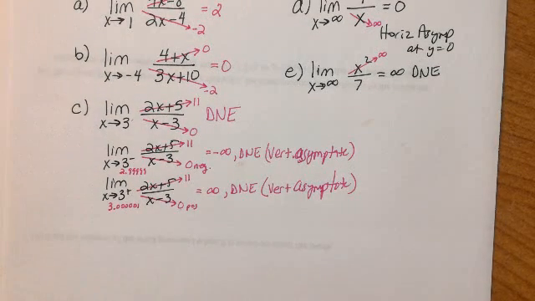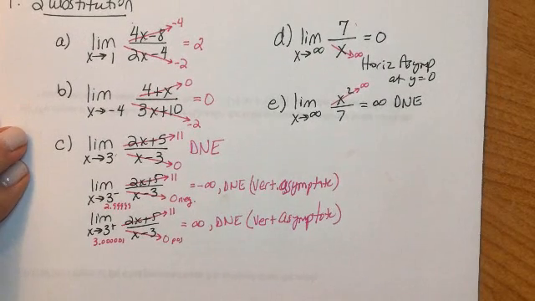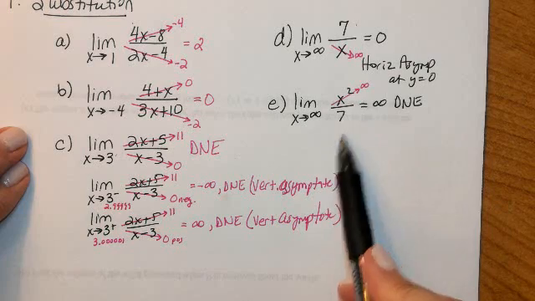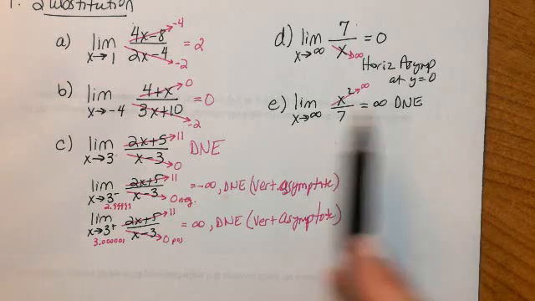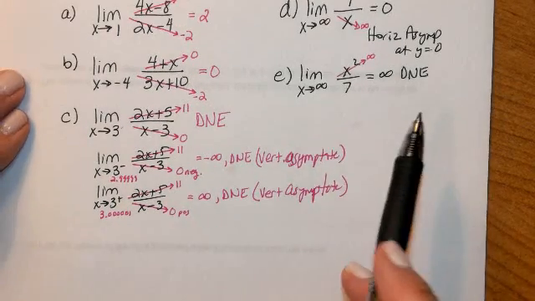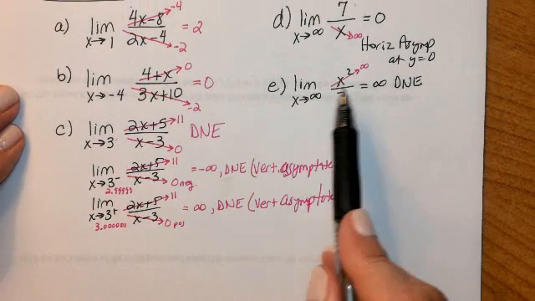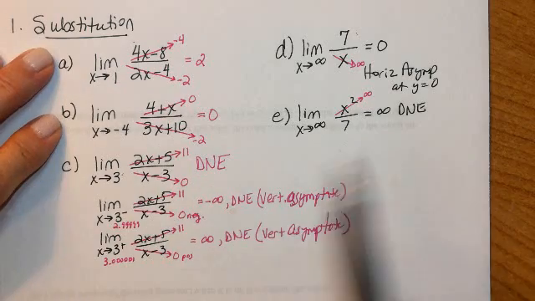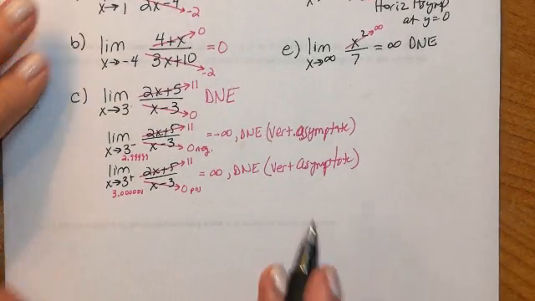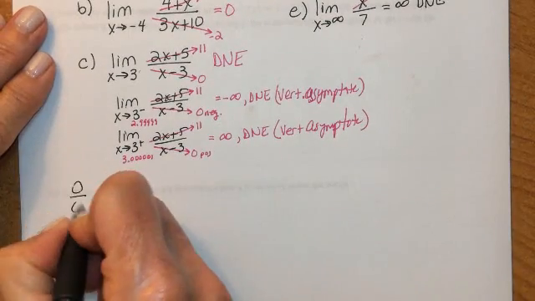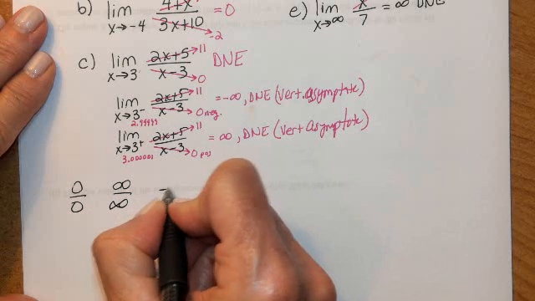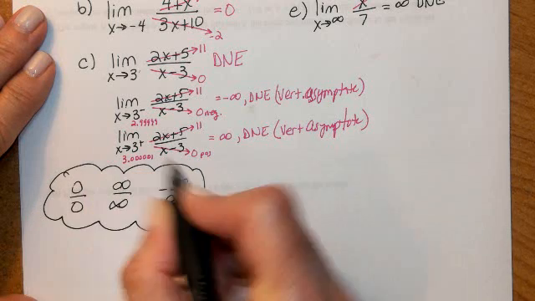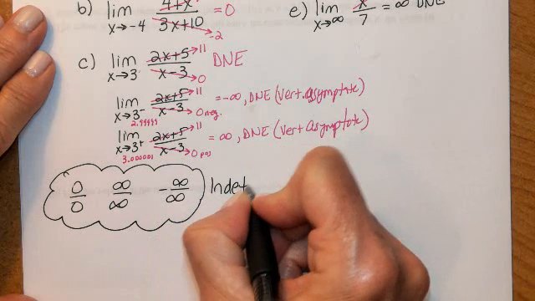Now, what if we get like 0 over 0, or infinity over infinity? What if I put some other x's down here and we had other things going on? If you get 0 over 0 or infinity over infinity, then you cannot do the substitution method. You have to do a different method. So if you have 0 over 0, infinity over infinity, or negative infinity over infinity, these are three types of what is called an indeterminate form.